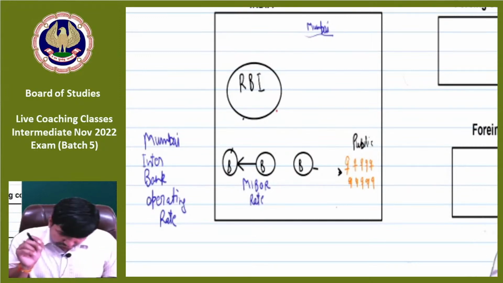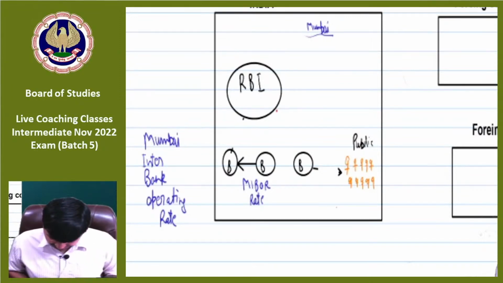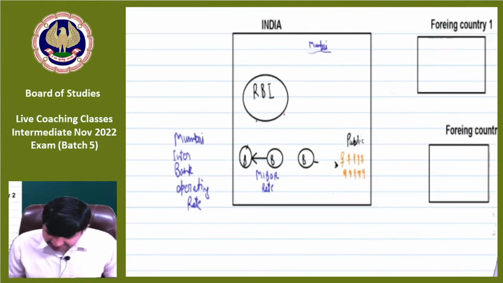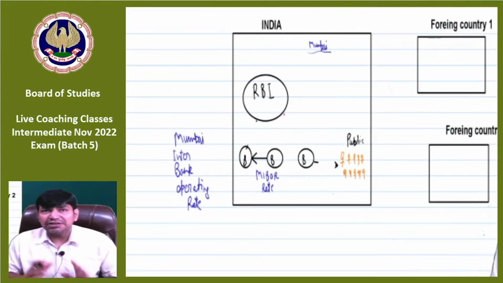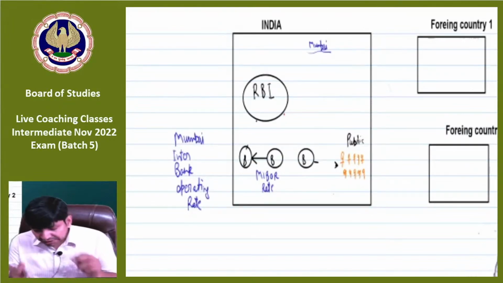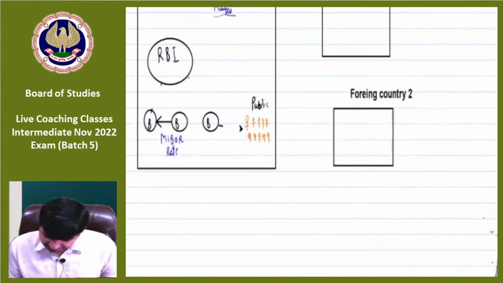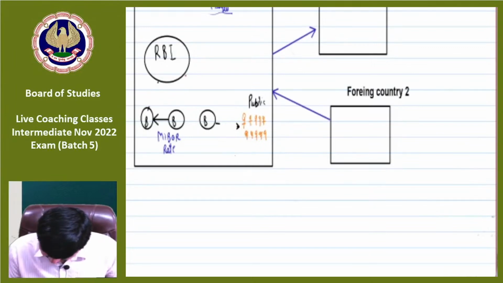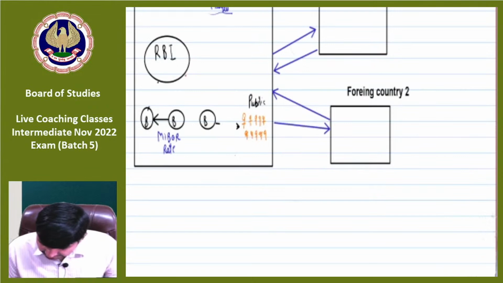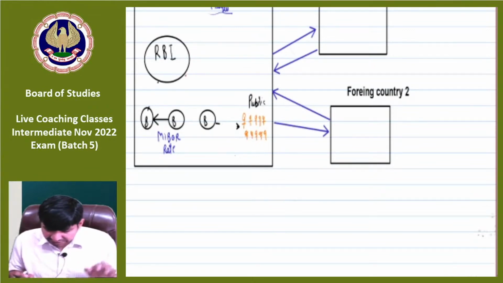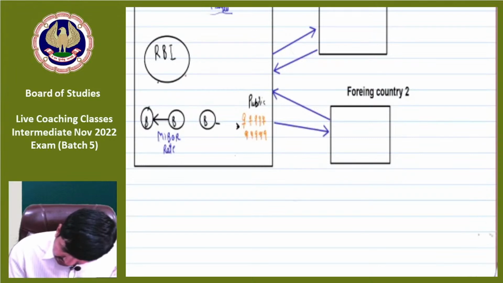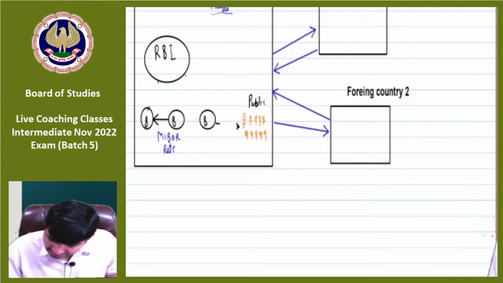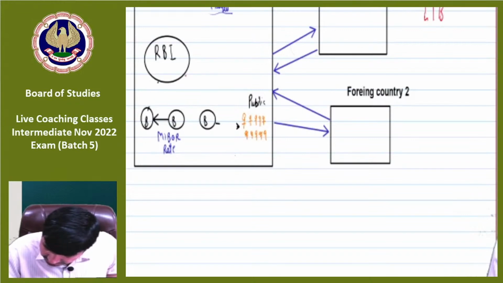Now, one more theory is also there. Just as banks transact with each other, in the same way, when a transaction happens between an Indian bank and a foreign bank, giving or receiving money, the rate at which such transactions happen is called the LIBOR rate.